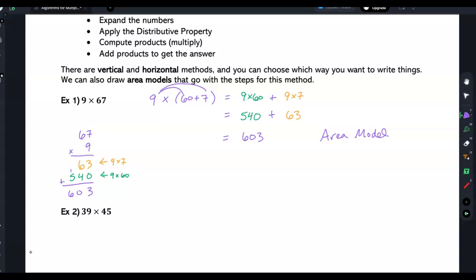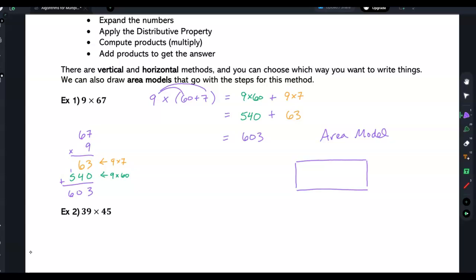So to do an area model, we're just going to draw a box or a rectangle. And we are going to let the two numbers that we're multiplying be the sides of this rectangle. So in this case, one side of my rectangle is going to be 9 and the other one's going to be 67. And this is based on the idea that if I want to find the area of that rectangle, area is length times width.